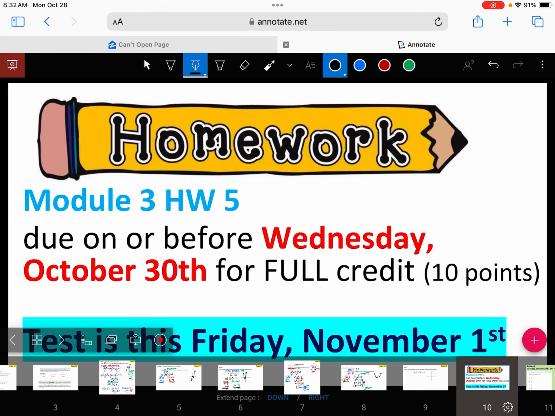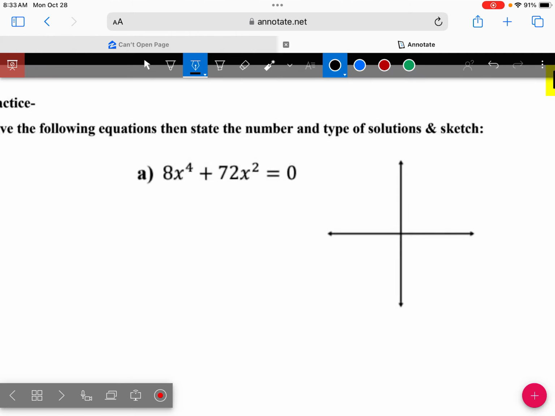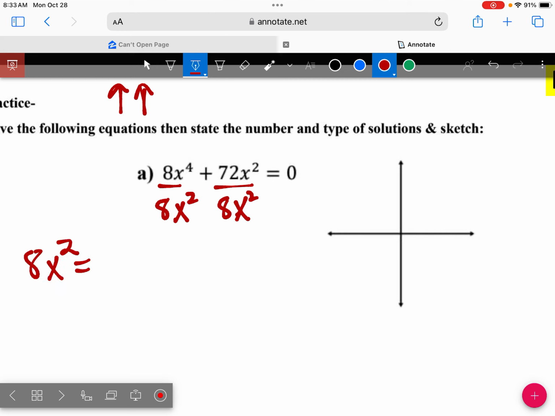All right, this is our last one. Again, this is another even positive. So both arrows go up. Let's take out our GCF, which is 8x squared. And that's going to leave you with x squared plus 9 equals 0.